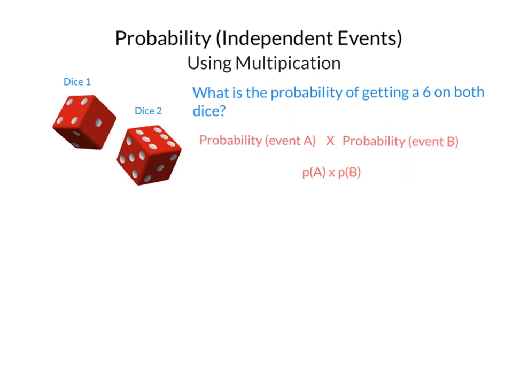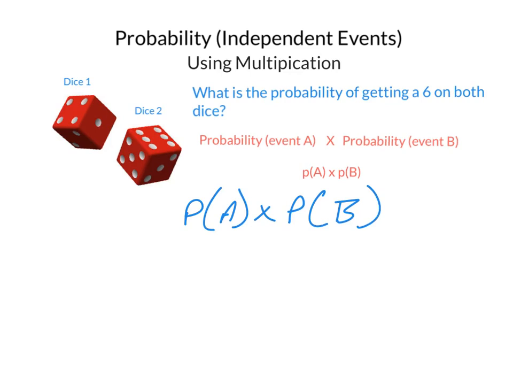Using multiplication, we use the formula probability of event A multiplied by probability of event B, or PA times PB, where event A is dice 1 in this case, and dice 2 is event B. So let's start off with our formula again. PA times PB.